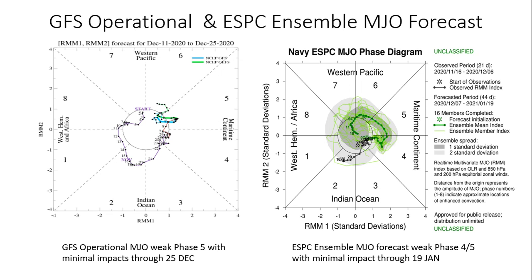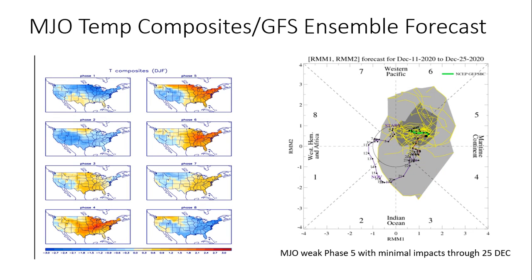Now, why do I say minimal impacts? Look at where that bluish, lighter blue colored line is located in both the GFS operational here on the left-hand portion of the slide, as well as the previous slide on the right-hand side with the GFS Ensemble. If you note, phase 5 on the left would indicate more warmer or above normal temperatures for the eastern United States.